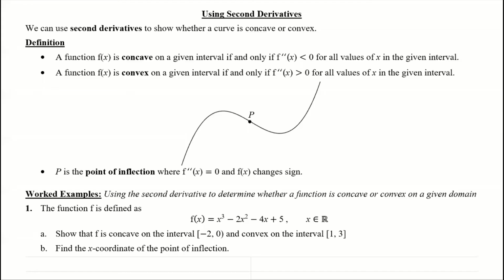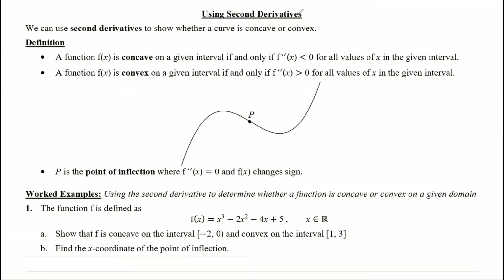Okay, so before we do the examples, we're just going to put all this into a nice, neat definition. Okay, so it says here, using the second derivatives, we can determine whether curves are concave or convex or not. All right, and a function f of x is concave on a given interval. That's important because we have to specify the domain.